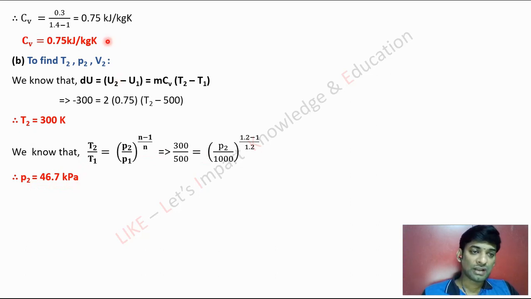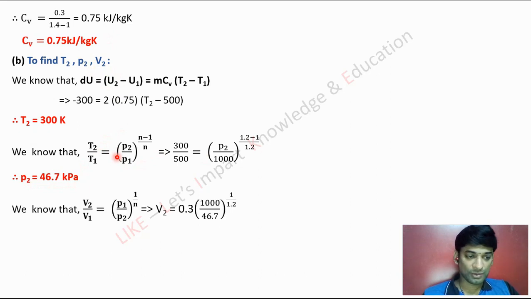Then to determine V2, you have a similar expression for polytropic process. Using this expression also you can determine V2, or else you have another method. This is an ideal gas, so you can substitute the PV is equal to MRT relation. That is P2 V2 is equal to MRT2.